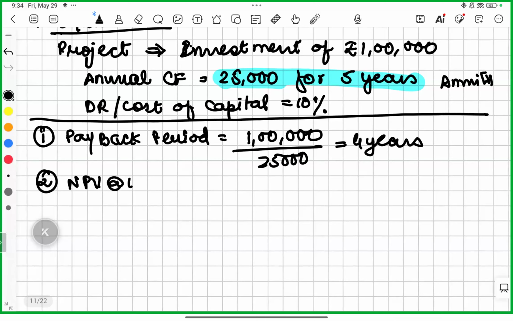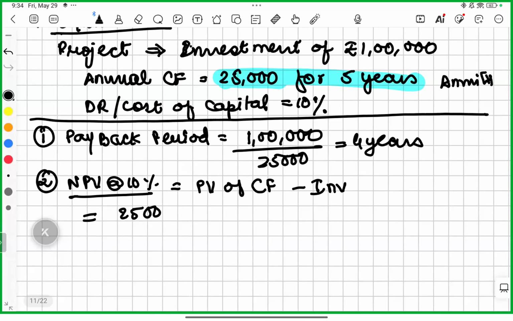Number two, let us find out NPV. NPV formula is present value of cash flow minus investment. Your cash flow is 25,000, but these are the same cash flows for 5 years, so you will use something called annuity factor, PVIFA at R percentage.